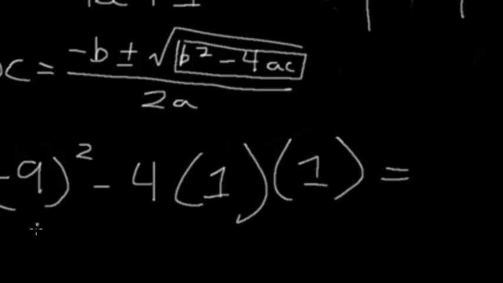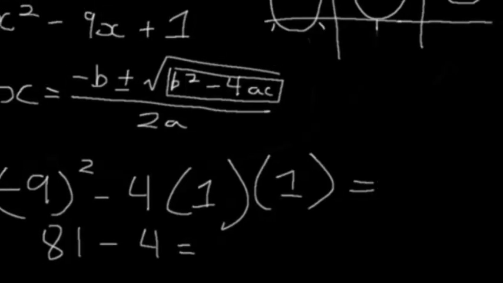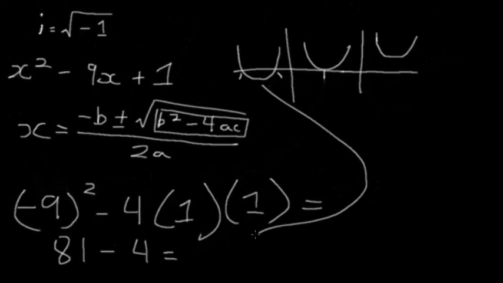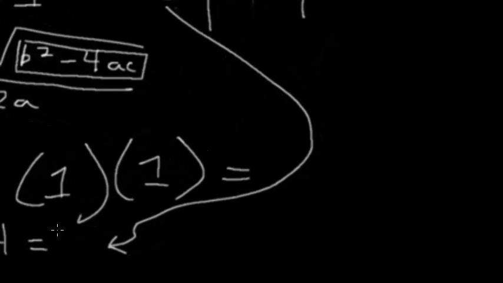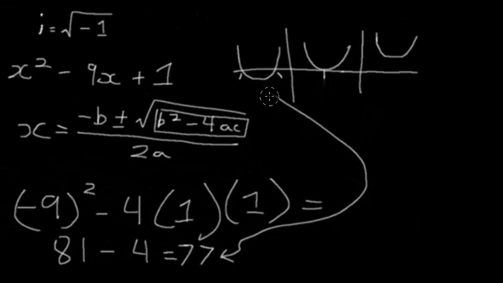Now if we see here, this is 81 minus 4, which is a positive number. That means it touches the x-axis twice. 81 minus 4 is 77.